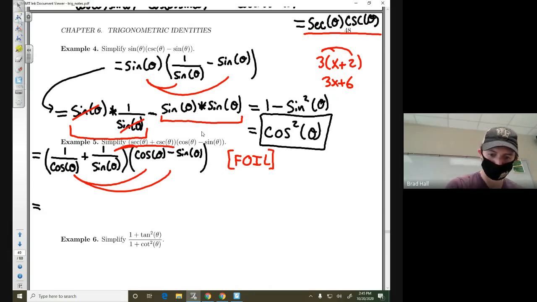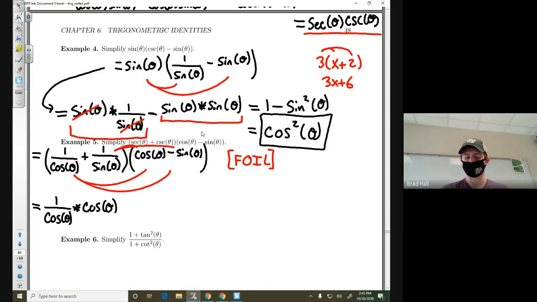The first is 1 divided by cosine of theta times cosine of theta. We'll take care of that in a bit. That's the first. And then, really, I'll do this even more step by step. Plus the outer two terms, which is 1 over cosine of theta times, really, negative sine of theta, because that's the outer term on the other side.